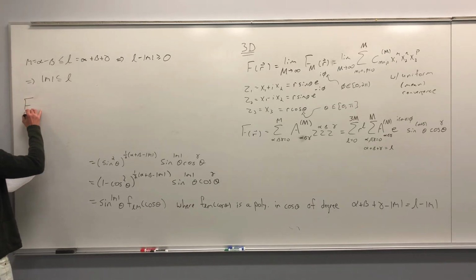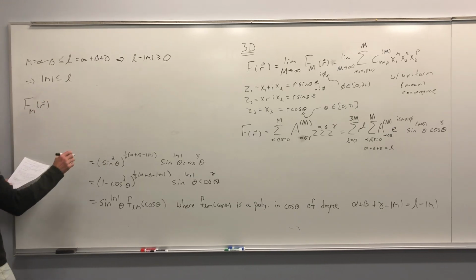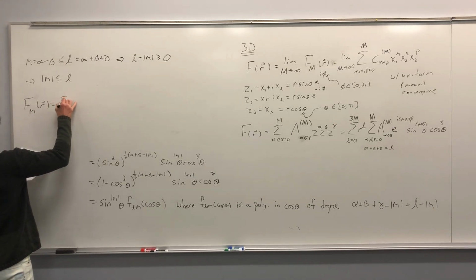So this means that if we want to write this in terms of m instead of alpha, beta, gamma, we get the following expression.